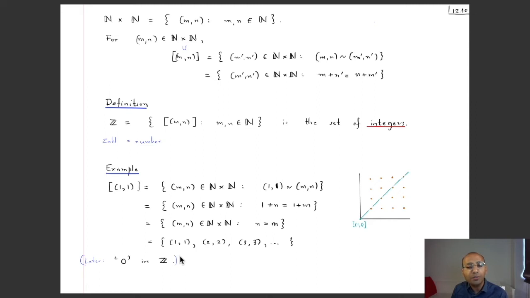Intuitively this makes sense because we introduced the integers by saying that they were solutions to an algebraic equation. So if I take any (m, n) in this equivalence class, then this integer is meant to represent the x which solves m plus x is equal to n.